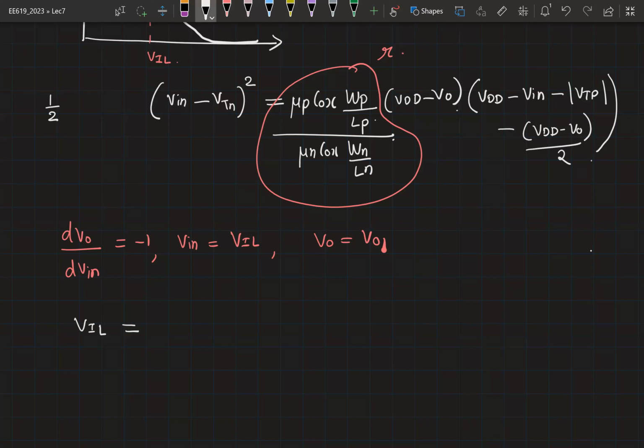Careful when you're differentiating this side. You have V0 here, and you have both Vin and V0 in this term.